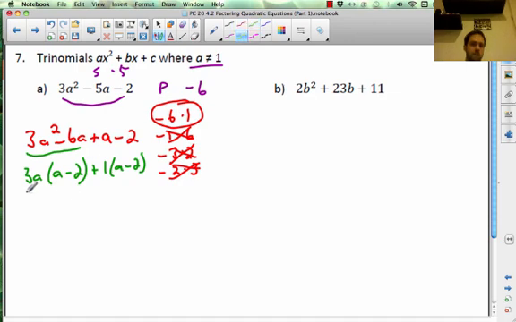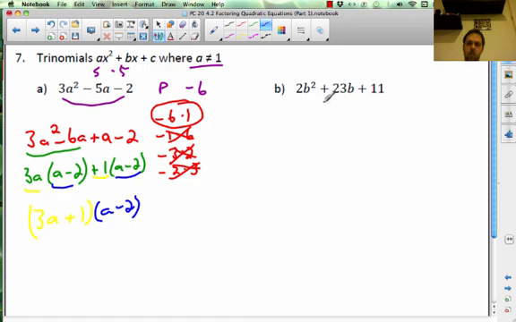And again, let's group these two underlined by yellow because they both get multiplied by the same binomial factor. And then this factor is common to both the 3a and the positive 1. So we just multiply them as binomials. And we're done.